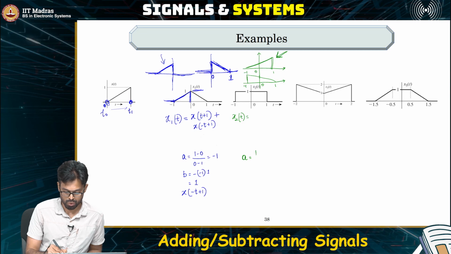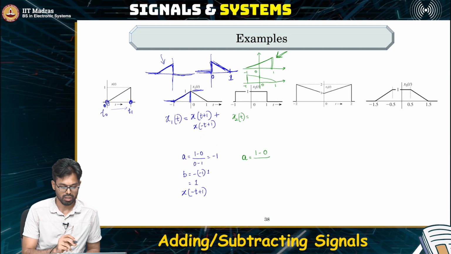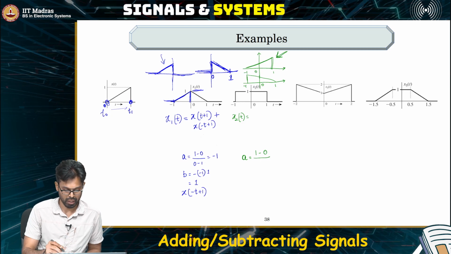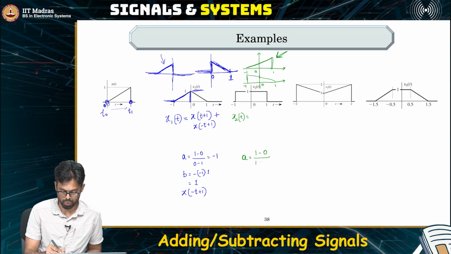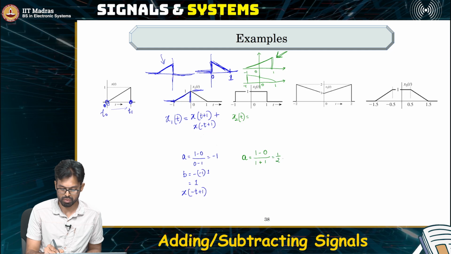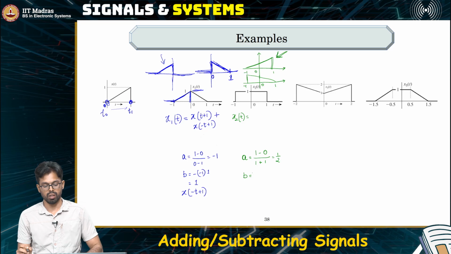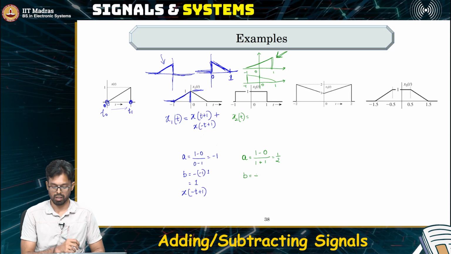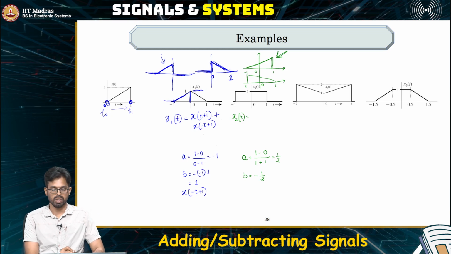Let's see if we are getting something less than 1. So whatever is at 1 is staying at 1. That's good. Whatever is at 0 now has moved to -1. Minus of -1 plus 1. So A is half. Our intuition was right. Now what is B? B is minus A times wherever the origin has shifted.